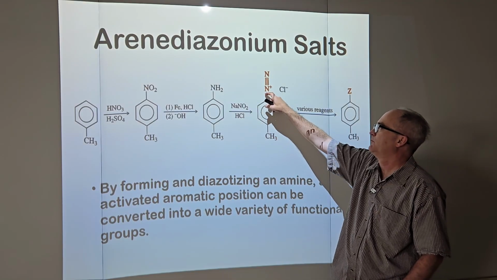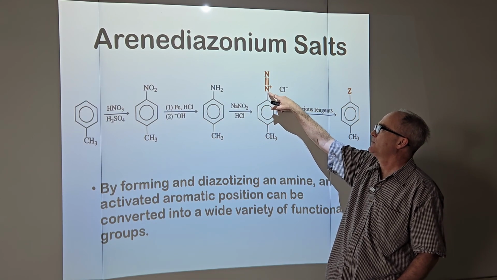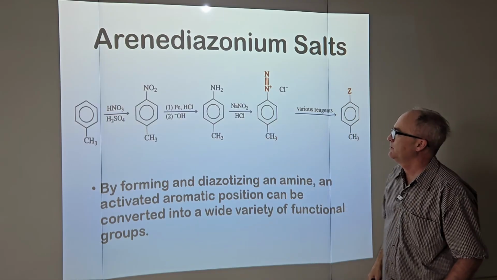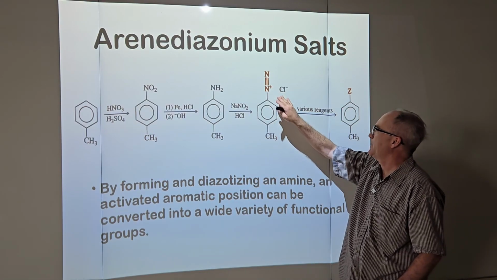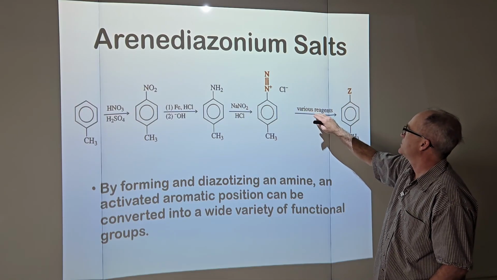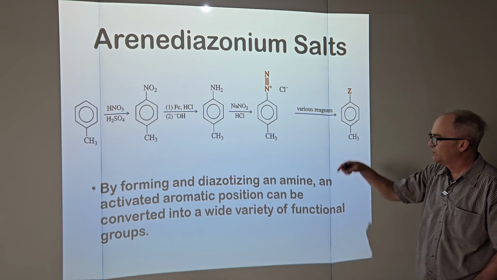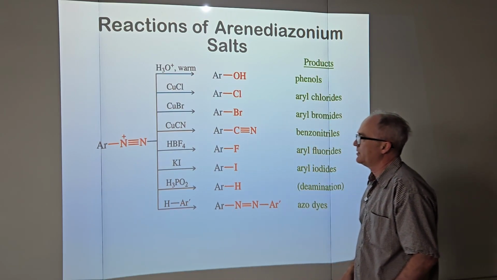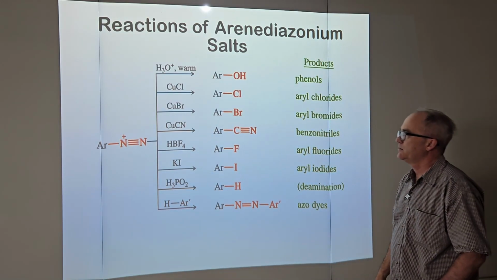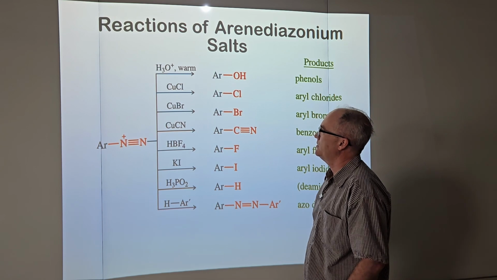We imagine, from what we just saw, this falls off and puts a carbocation there. And so it doesn't matter really what happens. Various reagents, we can put a new group on there. So here we've turned an aniline group on a benzene ring into this diazonium salt.